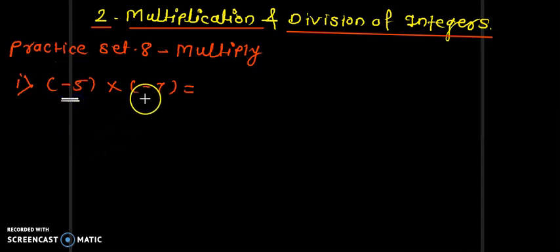First is negative integer, second is negative integer, then is equal to positive integer. Means minus 5 into minus 7 is equal to plus 35. Okay, means 35 is your answer. First integer is negative and second number also negative is equal to positive integer. Clear?